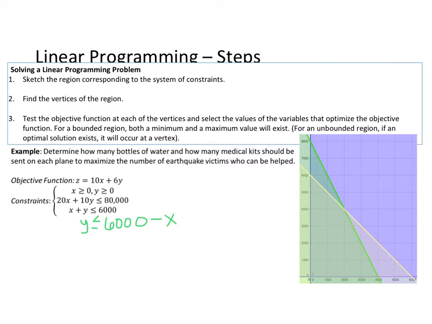And our slope this time is -1, so we will fall 1 and move to the right 1, and continue doing so until we reach the x-axis. And again, we'll draw a solid line because it's less than or equal to. If I were to put 0, 0 into this equation, we do get 0 is less than or equal to 6,000, so we will shade underneath.